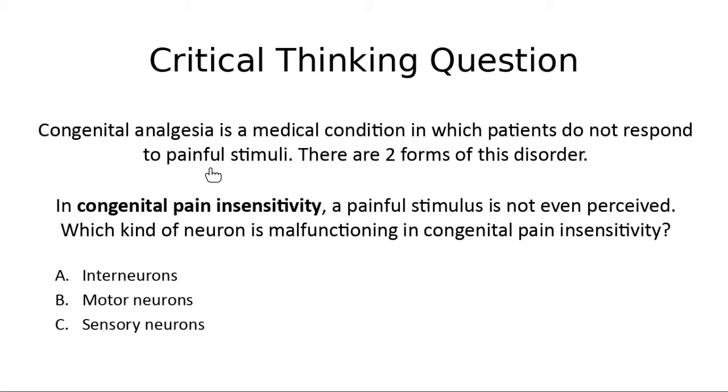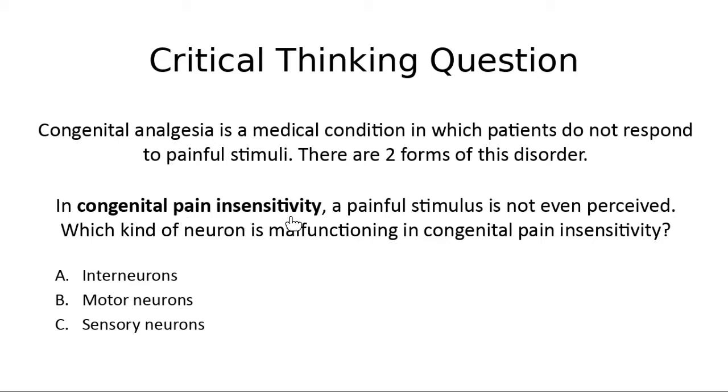We can have issues with multiple neurons in our functional circuit that make us not respond to pain correctly. There are two forms of this I-don't-feel-pain syndrome. The first form is called congenital pain insensitivity.